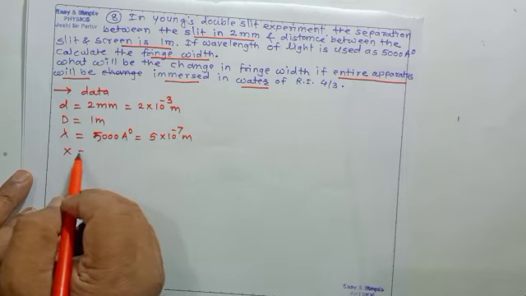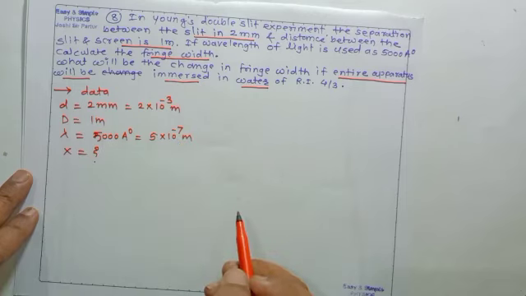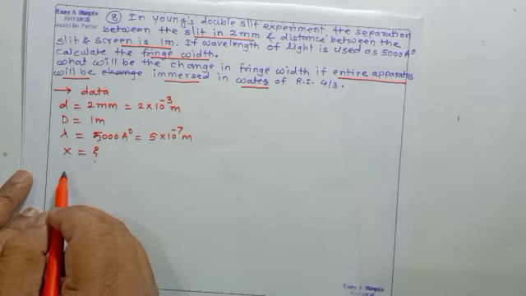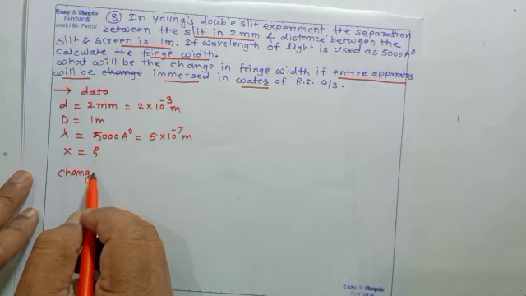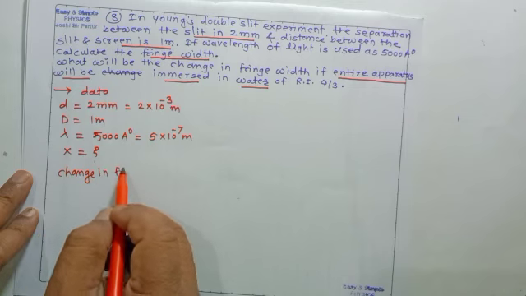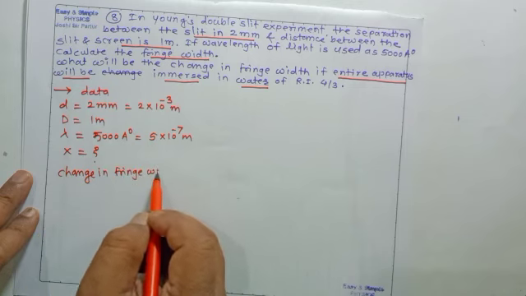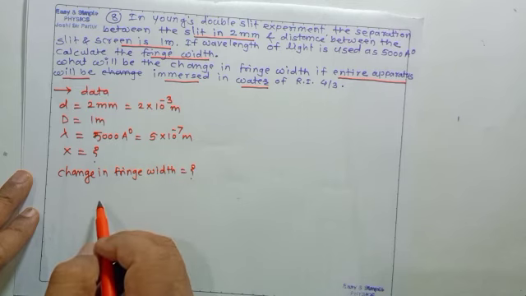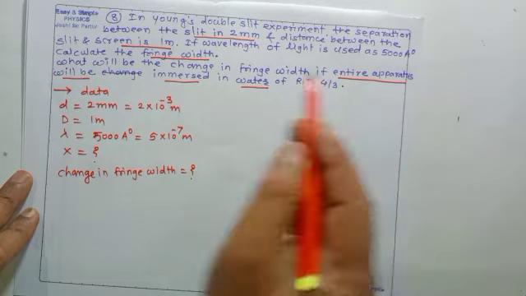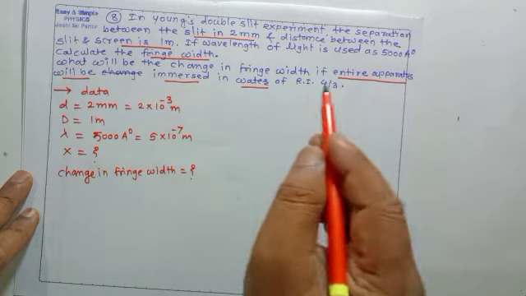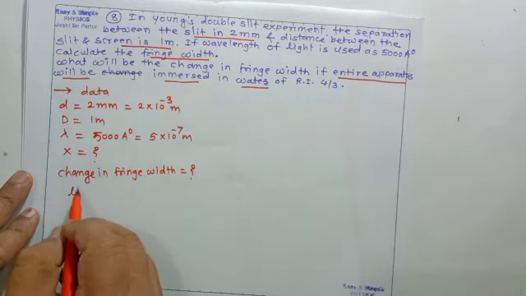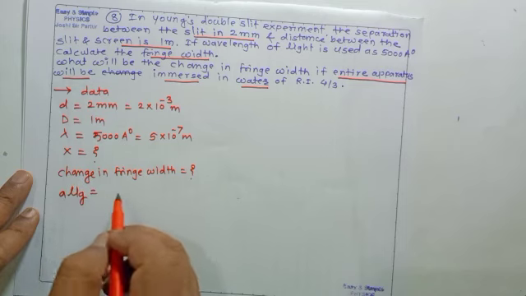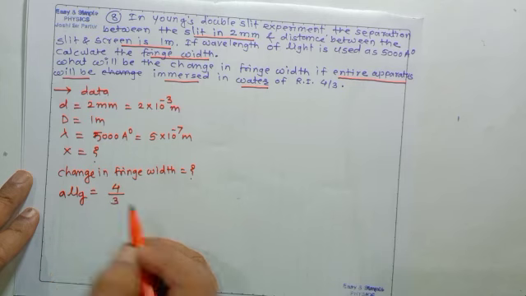First we find the fringe width, then the change in fringe width if the entire apparatus is immersed in water of refractive index 4/3.